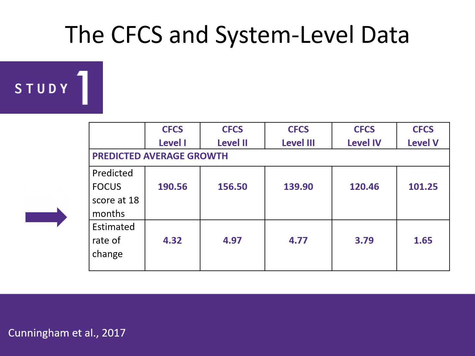The second row shows the predicted rate of growth in communicative participation skills per month. This was similar for children in CFCS levels 1 to 3, between 4.3 and 4.7 points each month. Predicted growth was slower for children in CFCS level 4, just under 4 points each month, and for those in level 5, about 1.5 points each month.